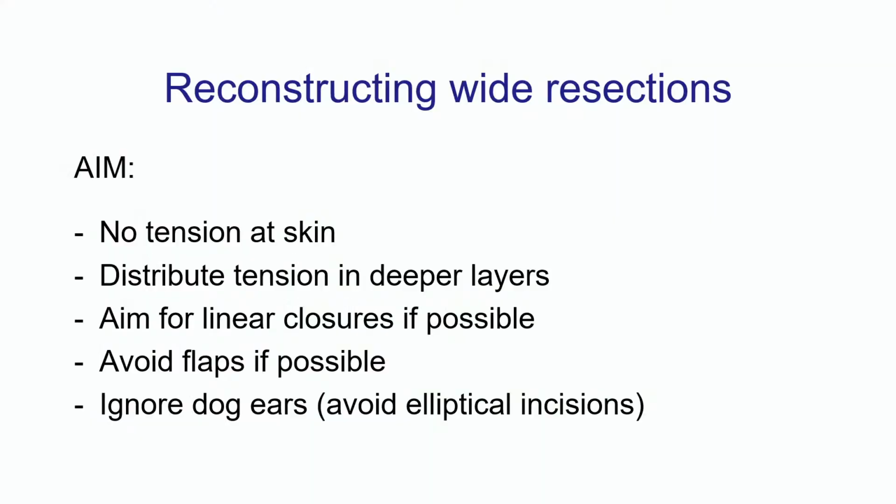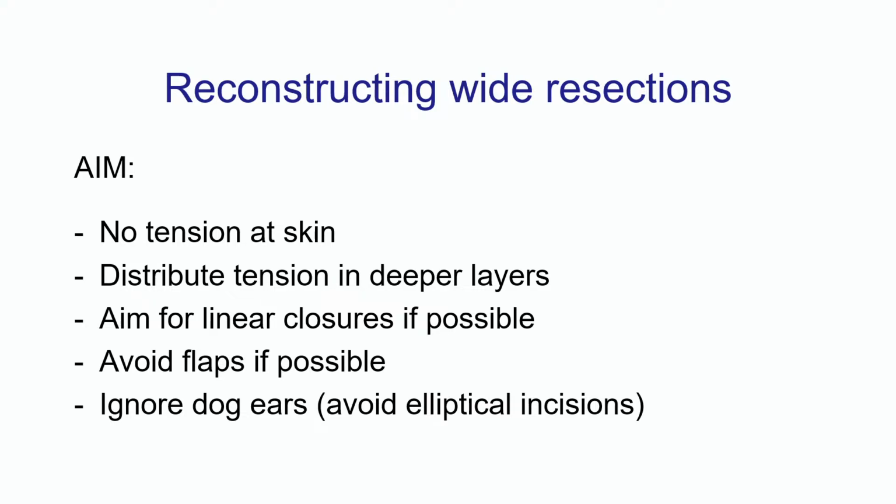So those are the margins we go for, but we then need to decide how do we put this together when we end up with one of these massive incisions that we've made. So the absolute critical goal of reconstruction is simply no tension at the skin, at the point of closure. So whatever you have in terms of tension, you want to deal with that in all the layers deeper to the skin before you get to the level of skin closure.